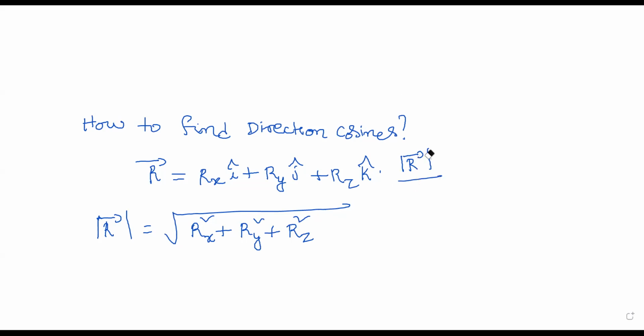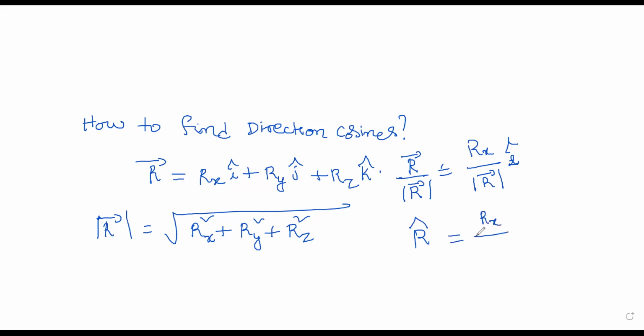So the unit vector along R bar is R bar divided by mod R bar. So it is nothing but Rx divided by mod R bar i cap. The left side is nothing but R cap.